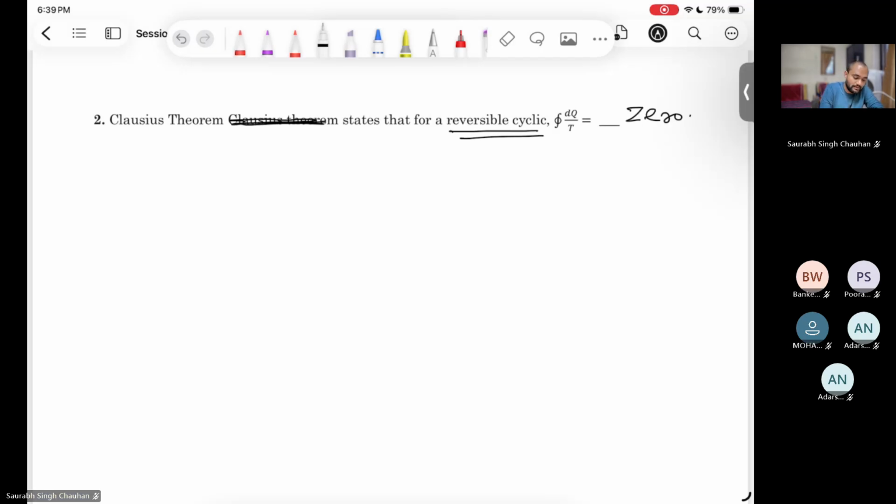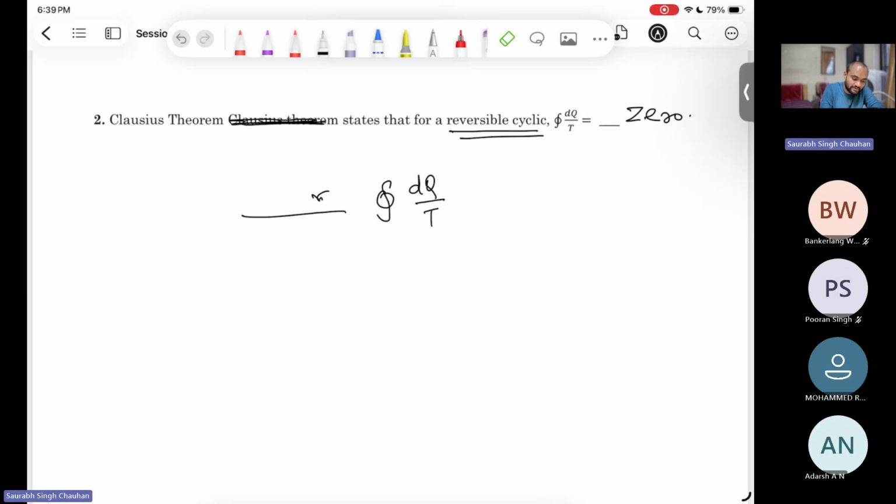Okay. And for irreversible, some generation will be there for an irreversible cycle. For a reversible cycle, it is 0. And what about an irreversible cycle?